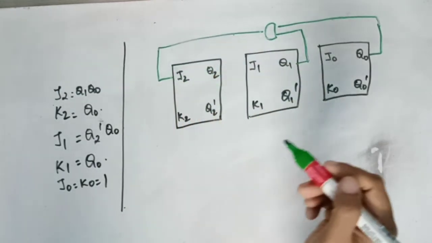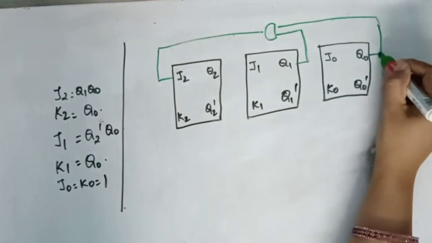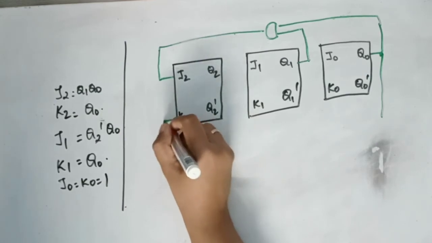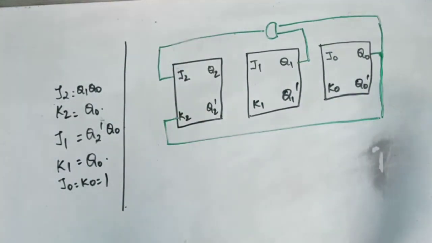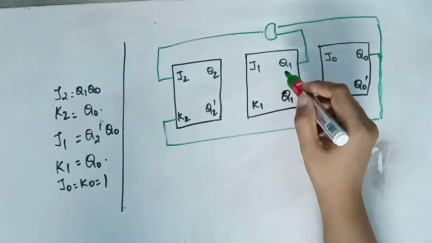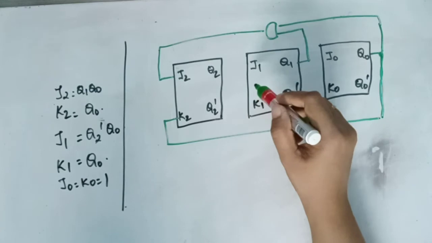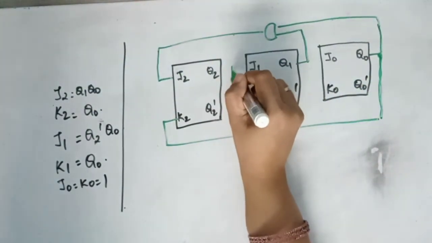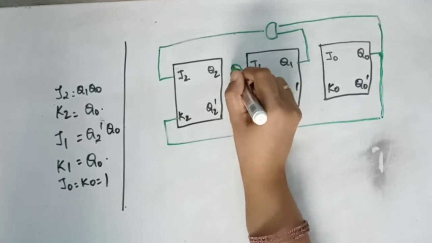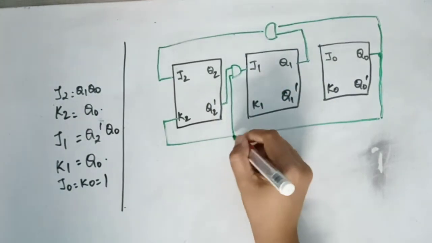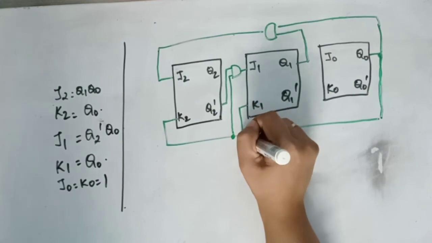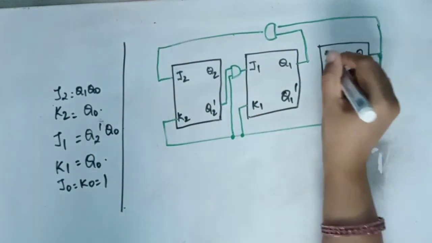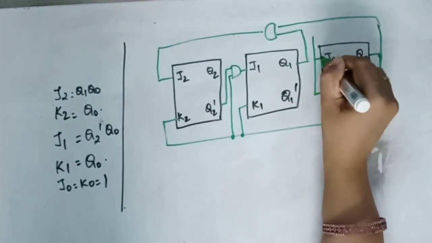That is J2. K2 is Q0. J1 is Q2 bar Q0. K1 is Q0. J0, K0 is 1.